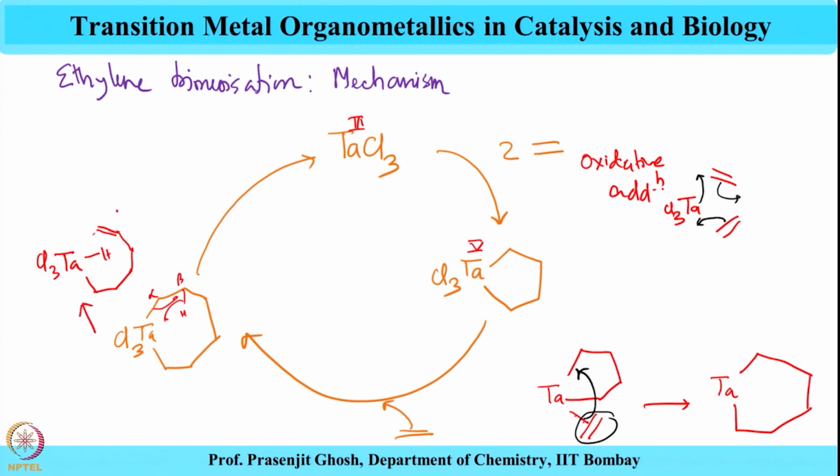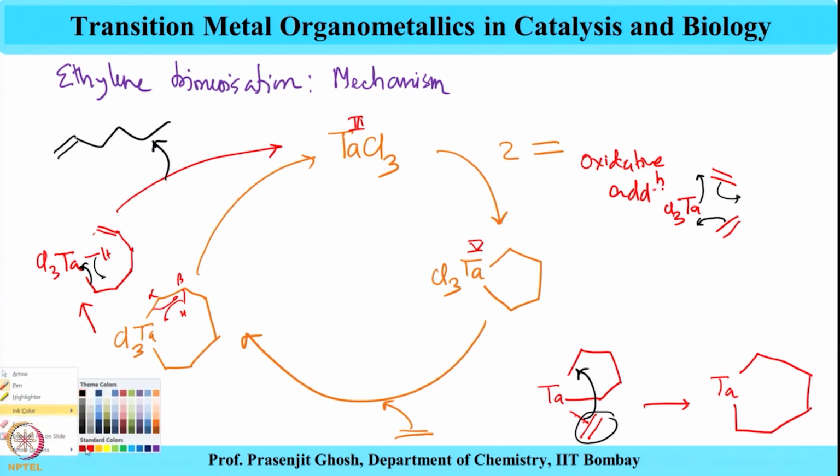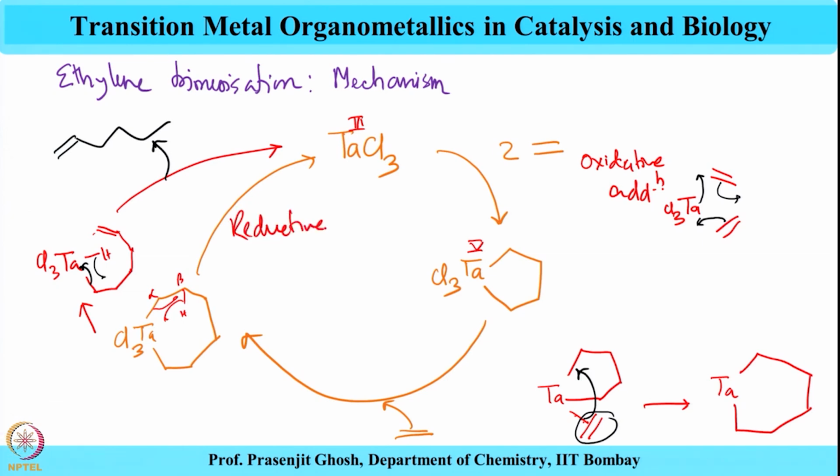this going to this, and that undergoes reductive elimination, giving 1-hexene as the product. So, this also involves reductive elimination.